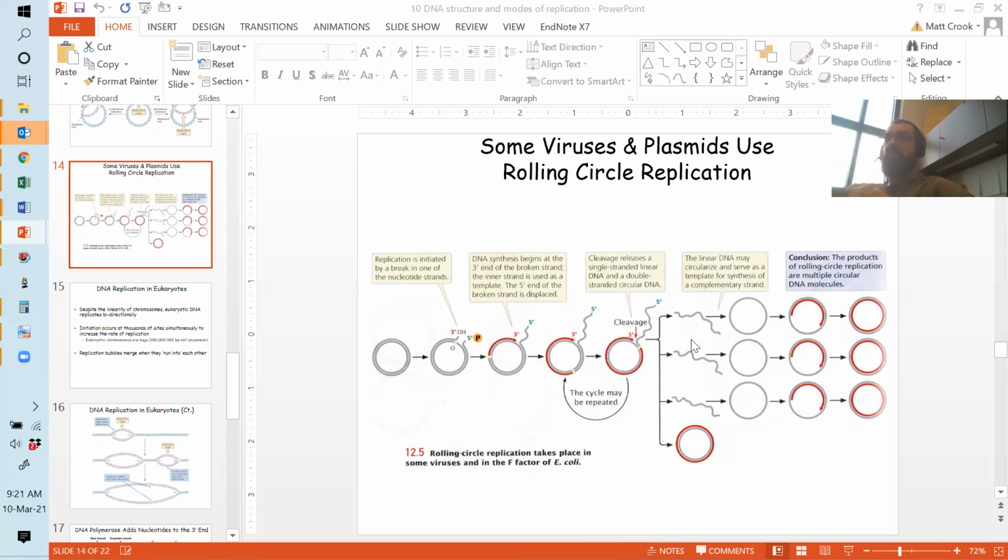As soon as you start one, you can start again doing the other one, right? And so you generate lots of these linear copies, right? So they flow around and they're going to get stuck back together. And now those circular single-stranded copies now serve as a template for synthesizing the other strand.